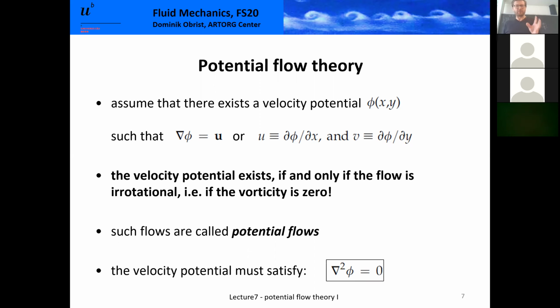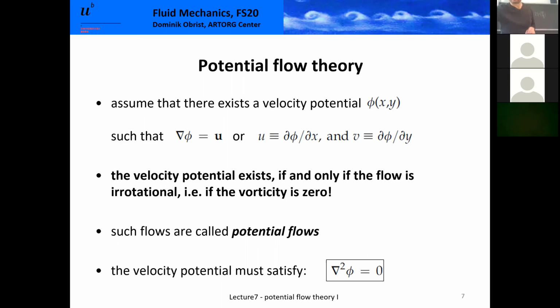Because it's not really obvious that for any flow field that could exist, there is such a potential function. Potential functions only exist for flow fields that have zero vorticity. And I can show you this again on the blackboard, why that must be the case.